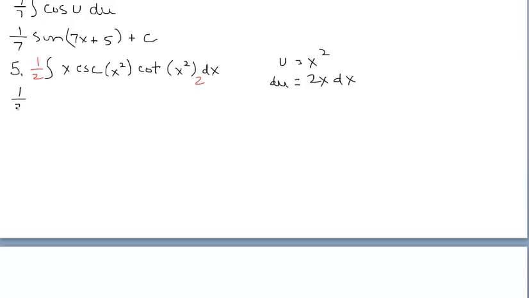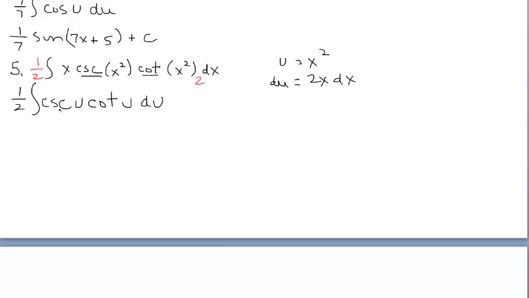All right, so let's see what happens here when we rewrite. So we have 1/2 integral. Okay, so we have cosecant, cotangent, x squared. So I'm going to simplify by saying cosecant u times cotangent u. That takes care of this. And then the 2x dx will all be replaced with du.